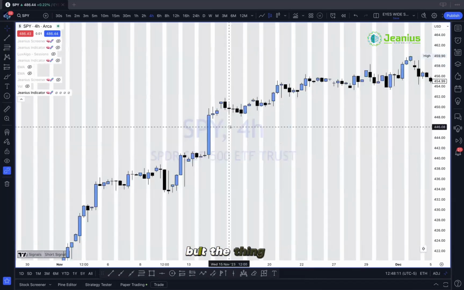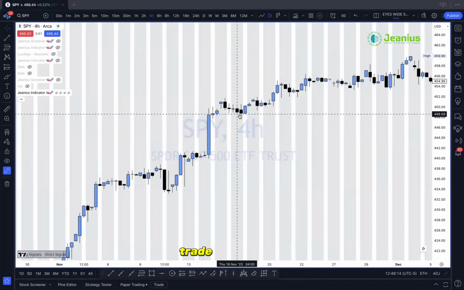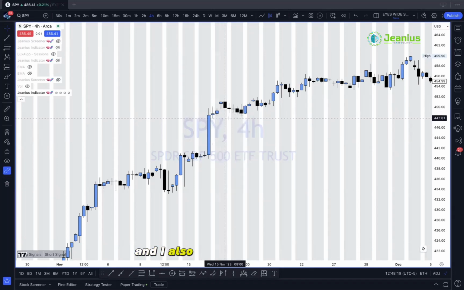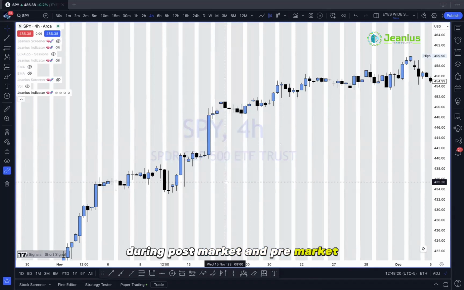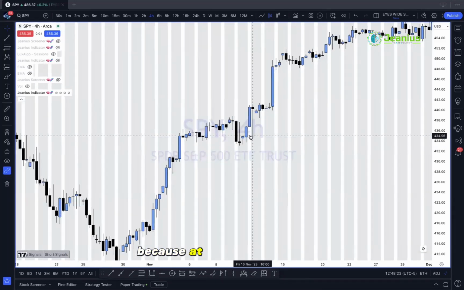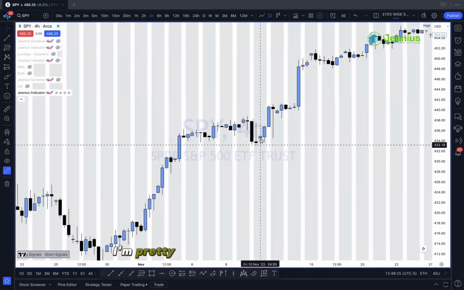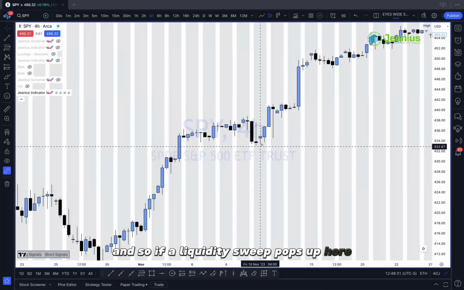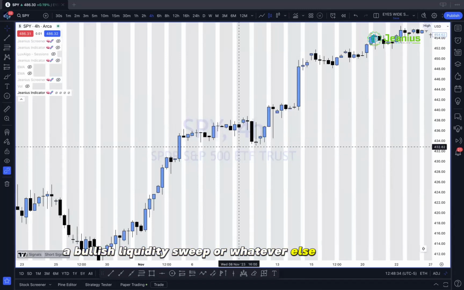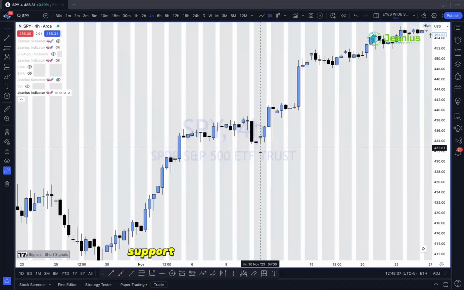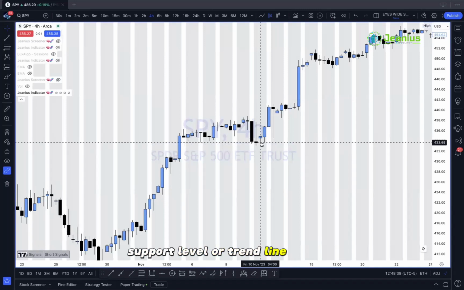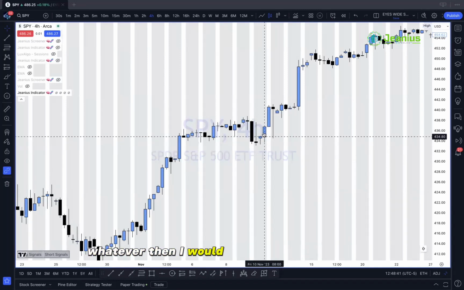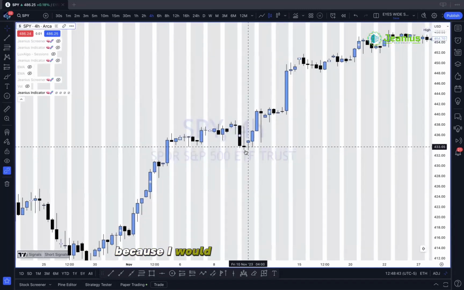I like to trade with the extended hours, which is post-market and pre-market, and I also like to see the signals during those hours, because at this point right here, I'm pretty sure a signal popped up, even if it was a liquidity sweep. If a bullish liquidity sweep pops up here, or whatever else was here, whether a support level or a trend line support, I would not have seen this signal if I had it turned off.